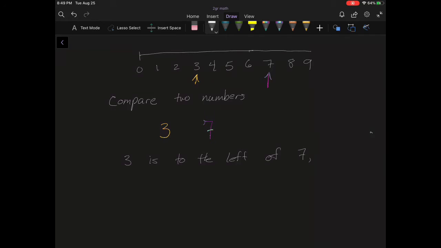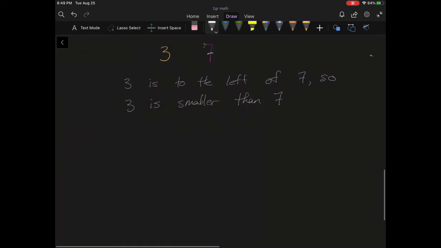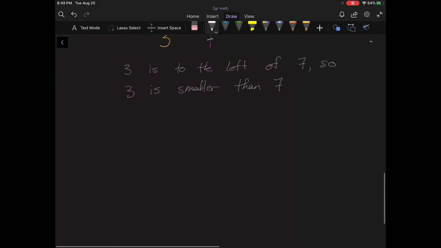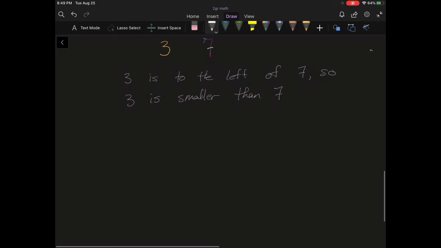So 3 is smaller than 7. Okay. But if 3 is smaller than 7, that means that 7 is bigger than 3.